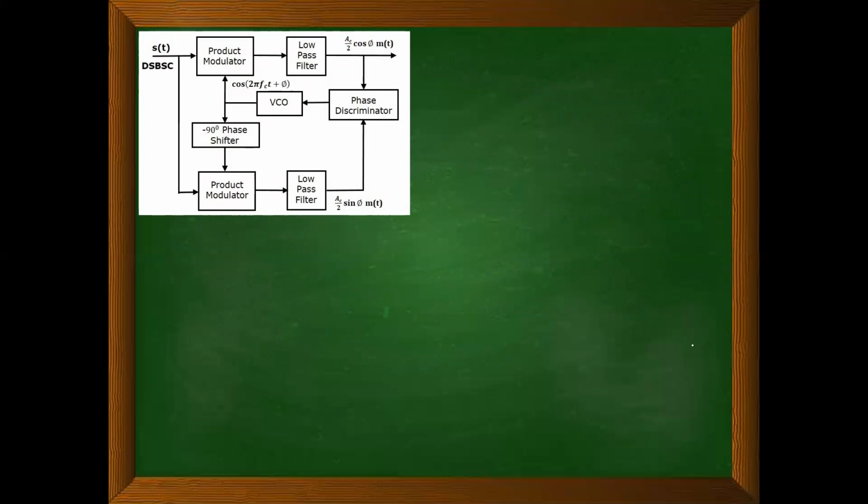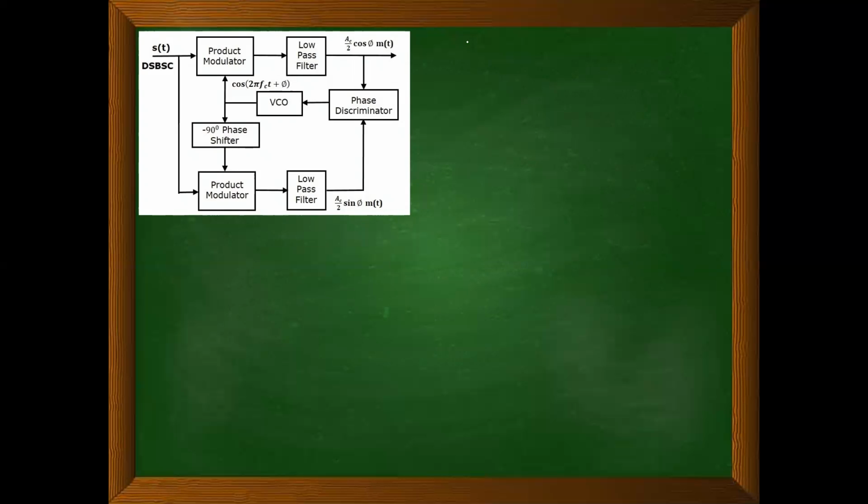So in this Costas demodulator circuit, you will see that S of t is given to both sides. The upper portion is in phase and the lower portion will be shifted by minus 90 degrees.